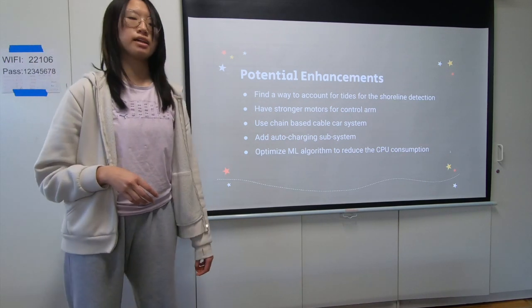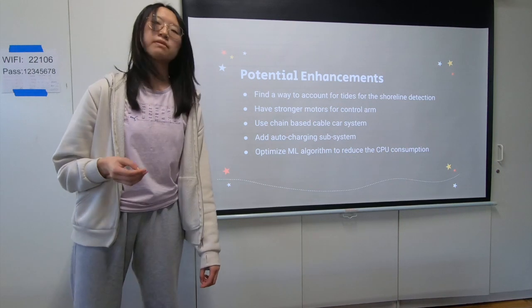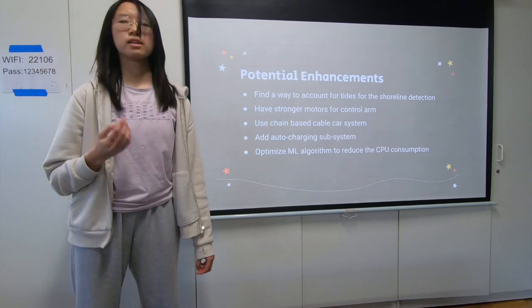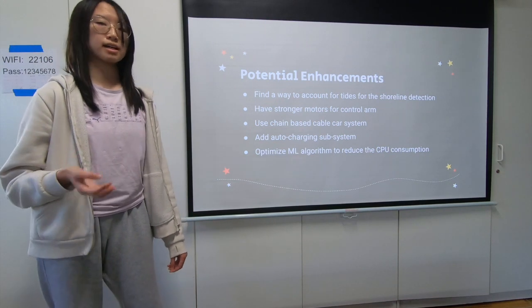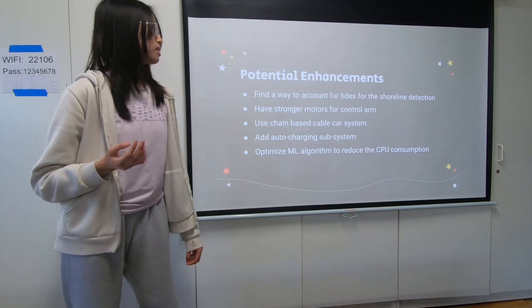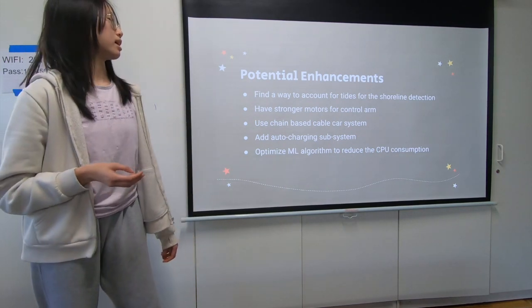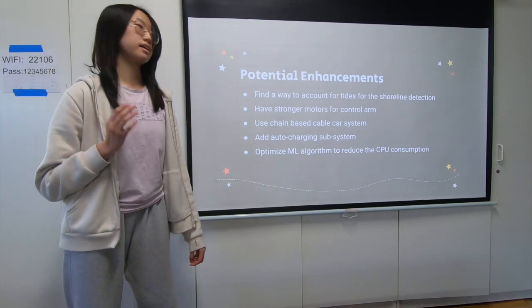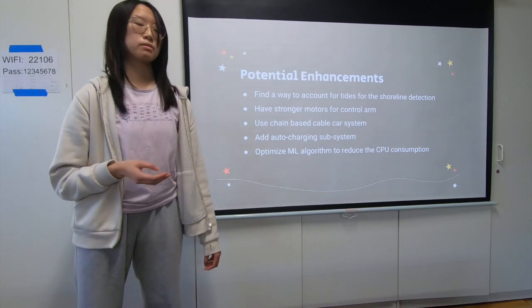Some potential enhancements that we could do is find a way to account for tides for shoreline detection, because we want to be able to differentiate between high tides and flooding. We also want stronger motors for the controller arm, and we want to use a chain-based cable car system so it's more accurate when moving the CubeSat.